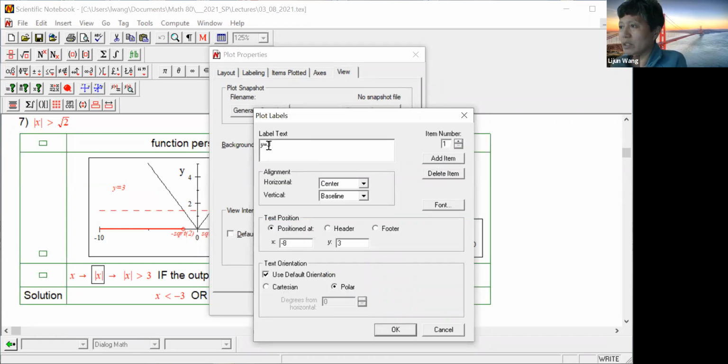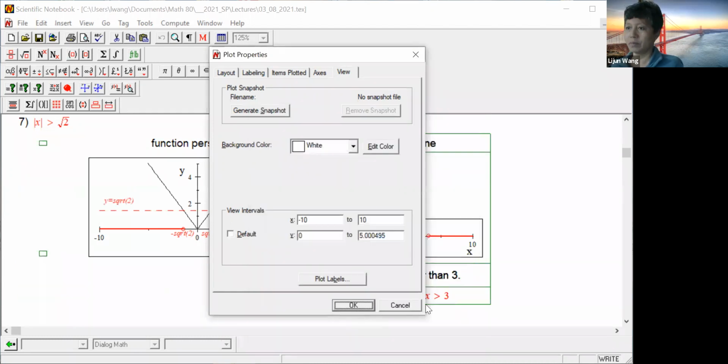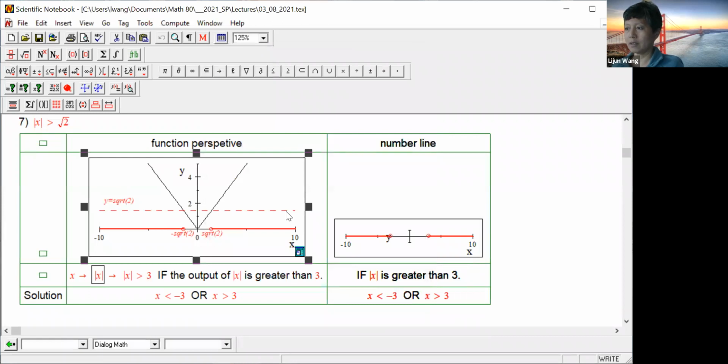I intentionally want to show you the process, and from the process you see similarity. So y is going to be 2, and this broken line is square root of 2.